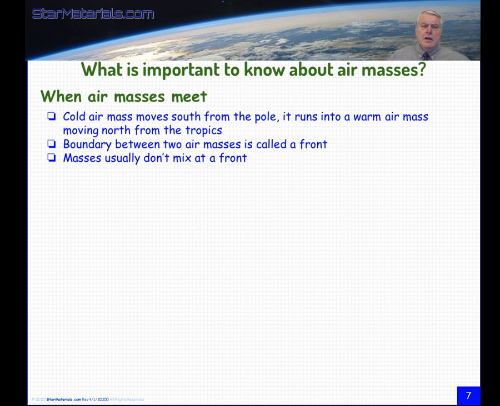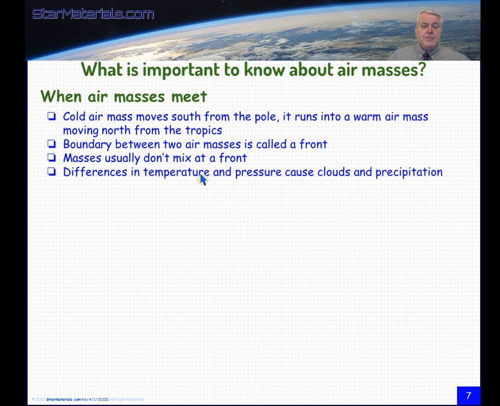High pressure, high density air, low pressure, contains a lot of moisture. The differences in temperature and pressure cause clouds and precipitation. Now you've got the clouds condensing and forming into drops.